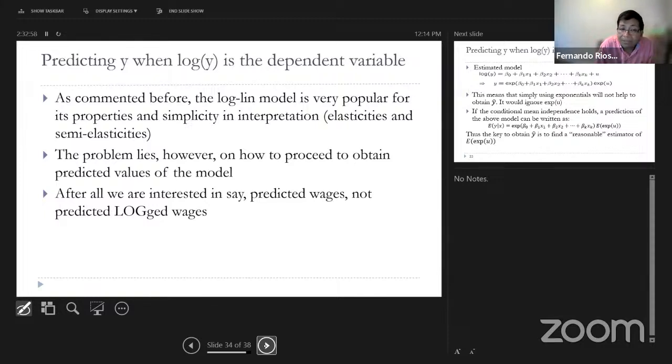The problem happens if you want to use that model to make predictions. It becomes much more difficult because making the transformation from log to the original data, given your model predictions, is not straightforward.